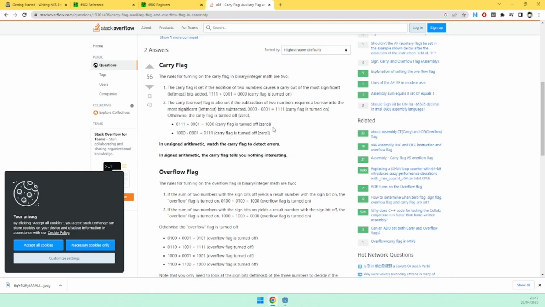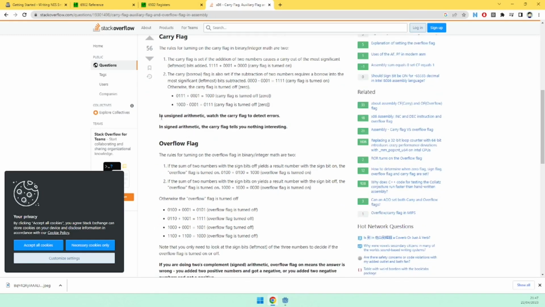So mathematically it works because it will add the complement. In unsigned arithmetic, watch the carry flag to detect errors. In signed arithmetic, the carry tells you nothing interesting.